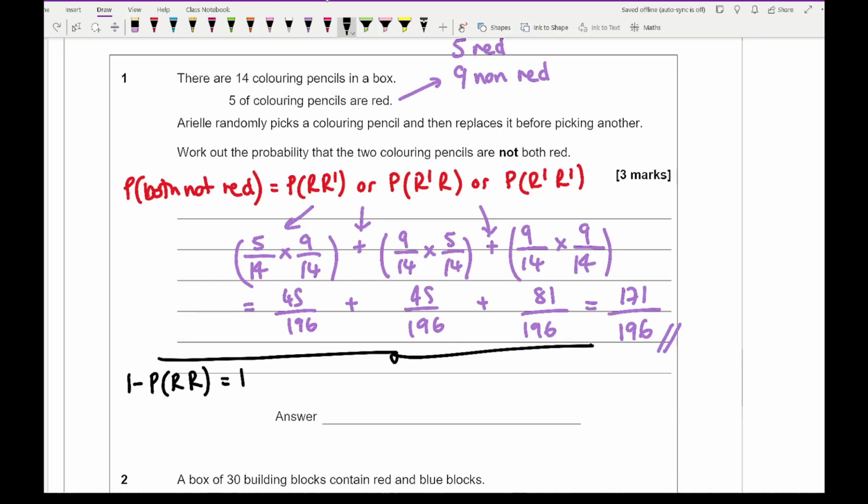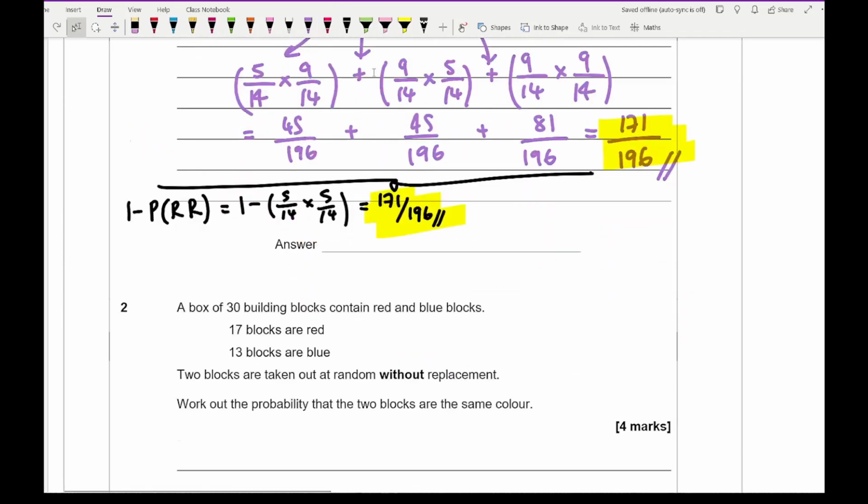So this is going to be 1 minus the probability of it being red, which is 5 over 14, times the probability of the next one being red, which is 5 over 14. And if I type that all into my calculator, I get 171 over 196, which is the exact same answer. But it all depends on how you're thinking of these questions. Ultimately, if it's correct and you show your full working, you should still get the same answer.